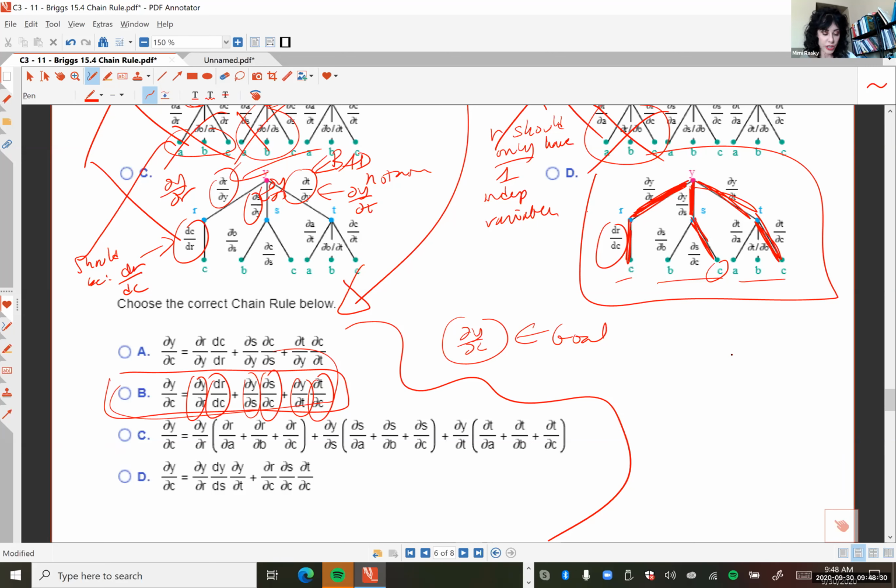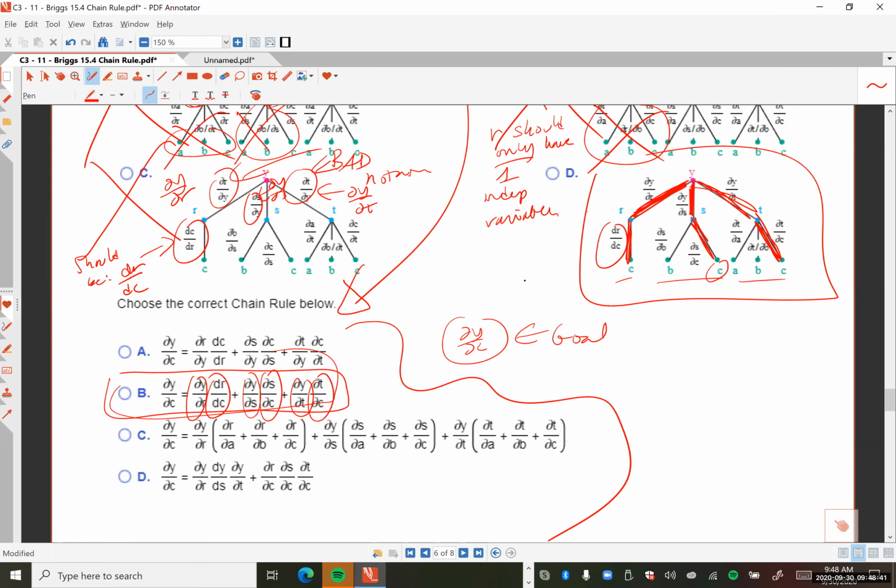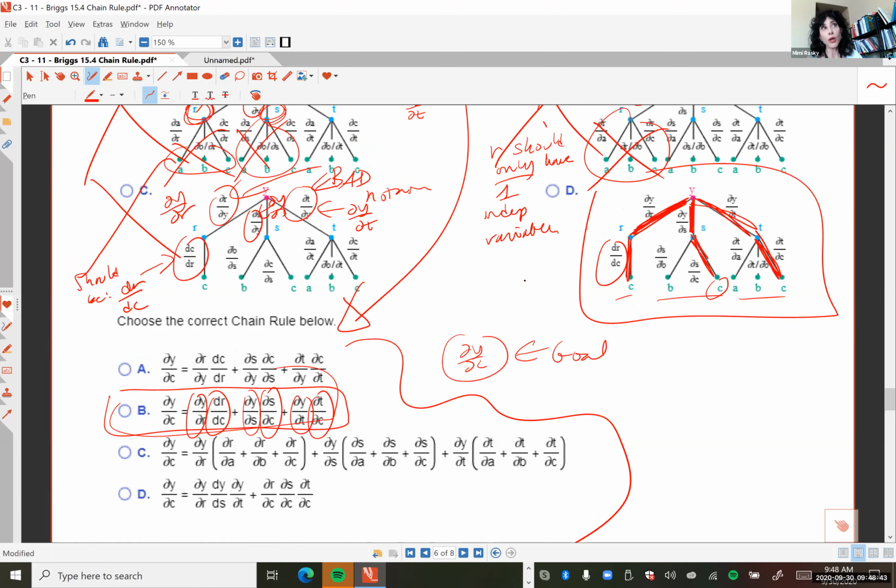Any last questions on chain rule? I'm good. Okay. So for the quiz, are you going to want us to do something similar to these tree branches and all that stuff? Well, that's what another student asked. No, you don't have to draw trees.